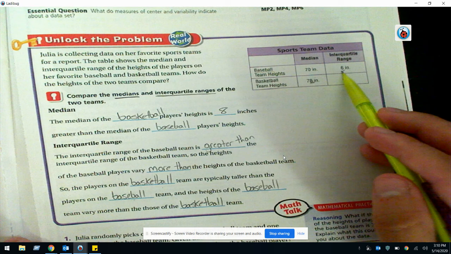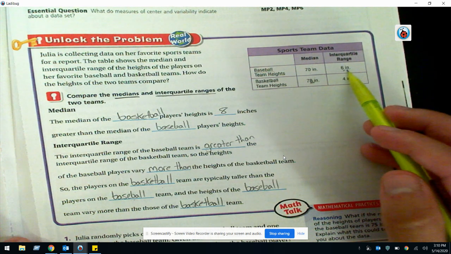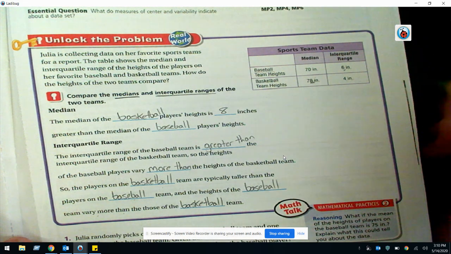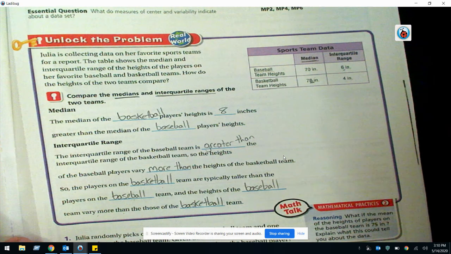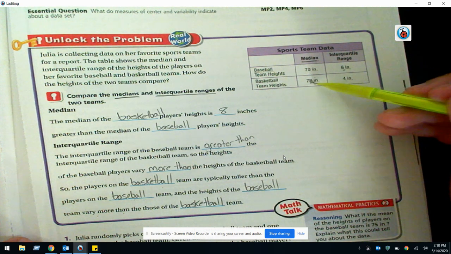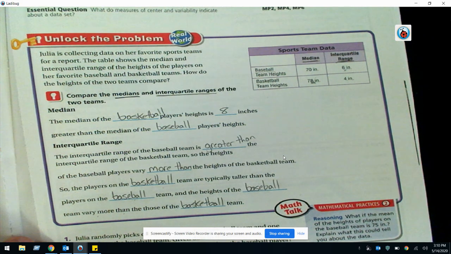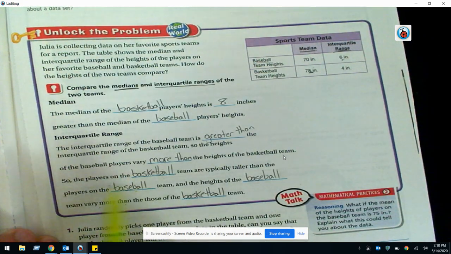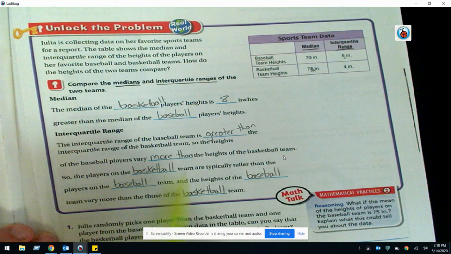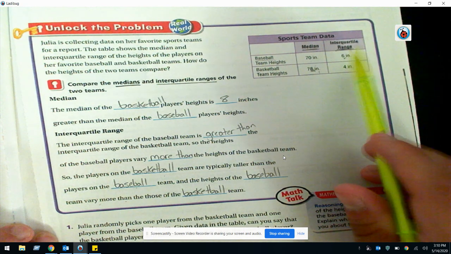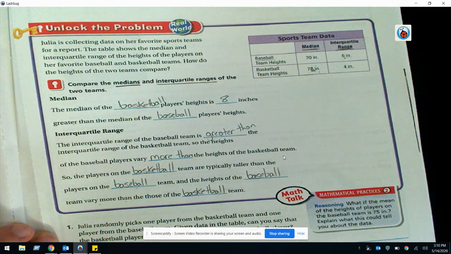The baseball team has a 6-inch interquartile range, so the heights of the baseball team vary more than those of the basketball team. So the typical heights are taller for the basketball team, but the interquartile range shows that there's more variability. If you need to replay this part a couple of times, understand the difference between the median and how they're typically taller, and the interquartile range about how the variability is varying more.